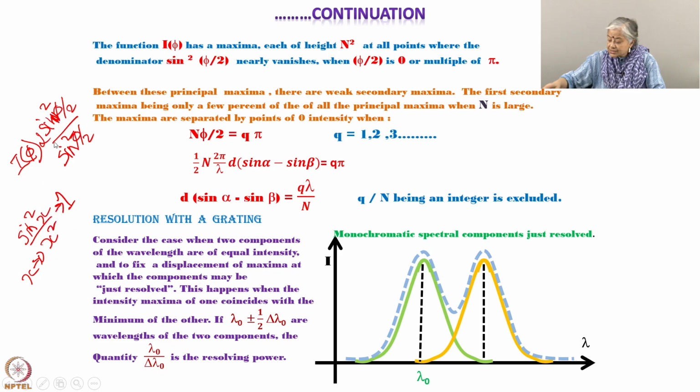Okay. And once you write it in that form, sine square n phi by 2 upon sine square phi by 2. I want the denominator and this numerator, this part, to be the same.